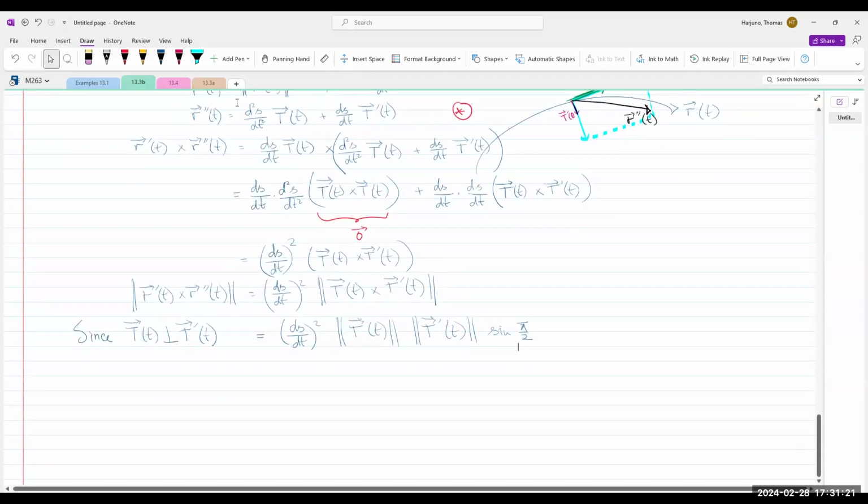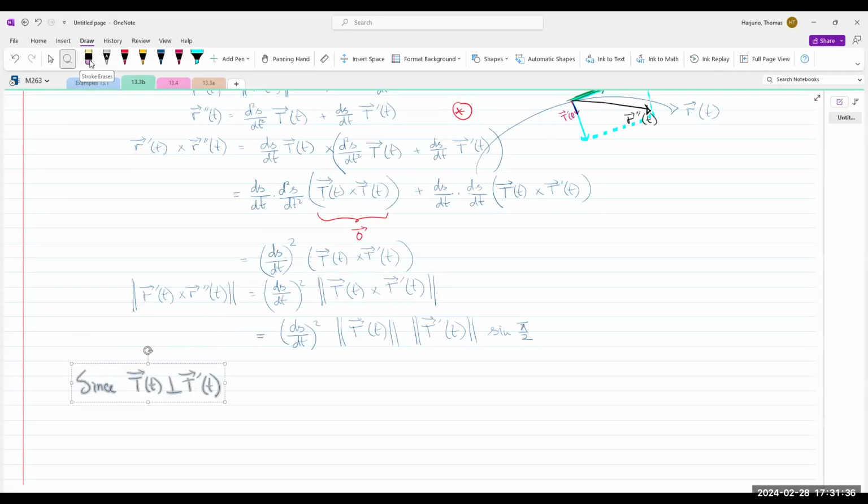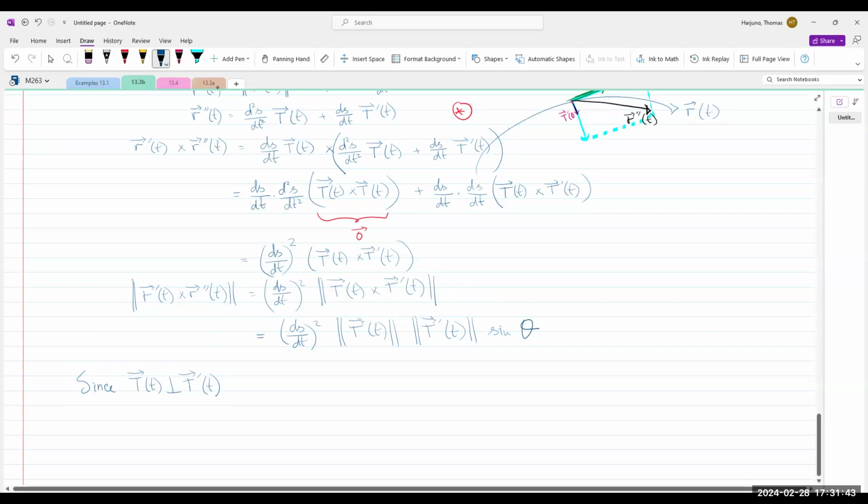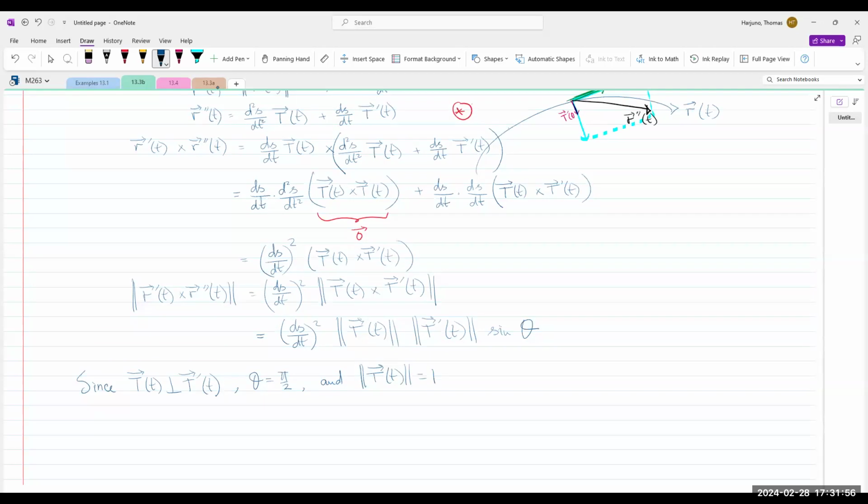Okay, maybe I write it that way first. I will move this below and call this sine theta, right? And theta equals pi over 2. And we know that the length of the unit tangent vector is 1. That's why we call that unit.